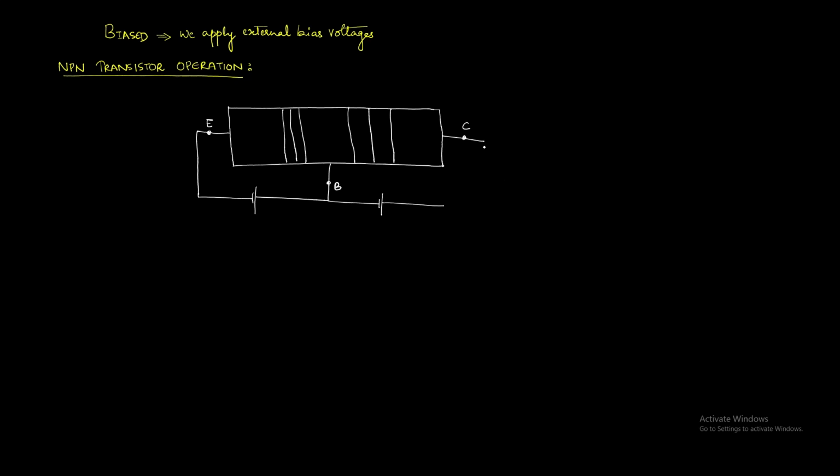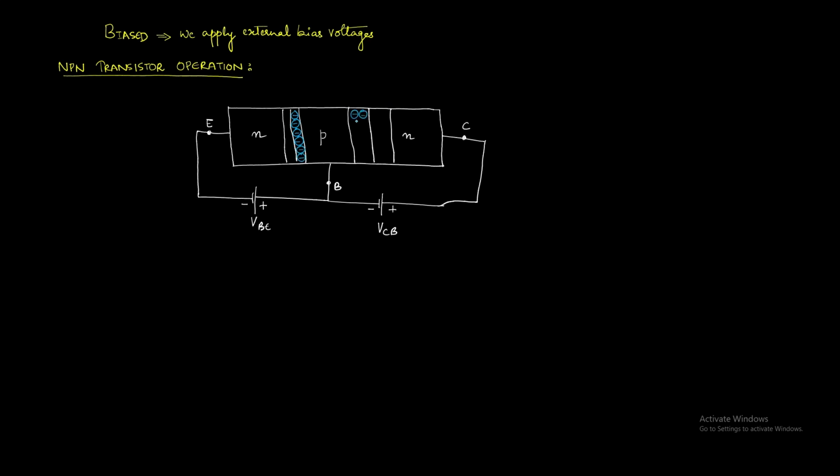When I draw the configuration here, I will be applying forward biasing to the base emitter junction and reverse biasing to the collector base junction.